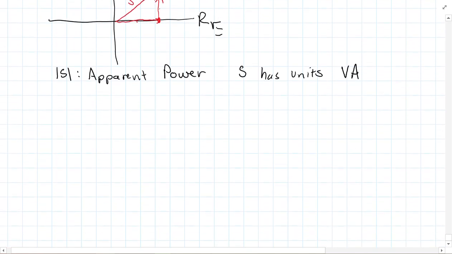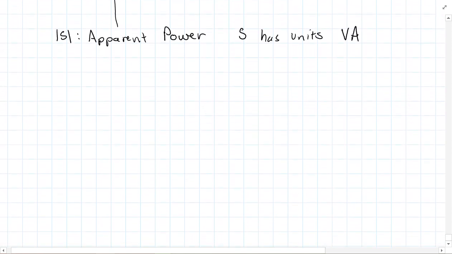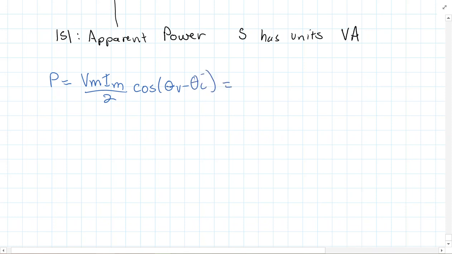If you're done watching the video, you can pause it, but let's review where we're at. We have P, my average power, Vm Im over 2 times cosine of theta v minus theta i, which we now have also learned is equal to V effective I effective cosine of theta v minus theta i, because of the RMS values.